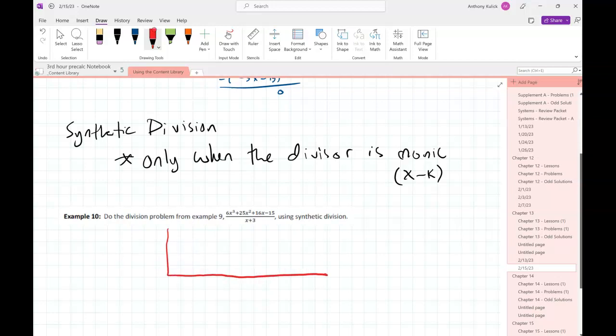So I start by drawing my synthetic division bar. And the coefficients for my dividend are going to go up here. Now, what is the thing I have to be real careful about with those coefficients? Even more than positives and negatives, if I skip a term in my polynomial, I have to include a 0.